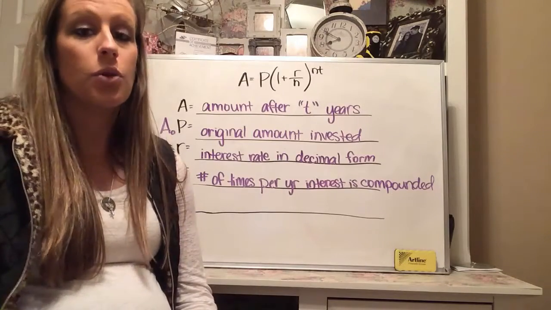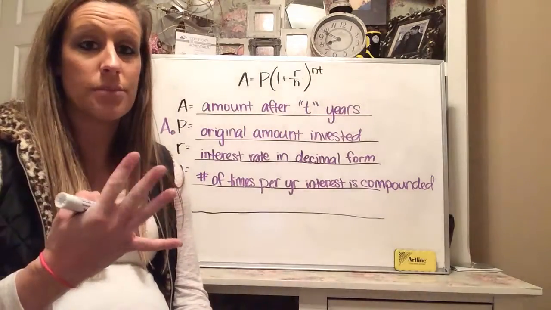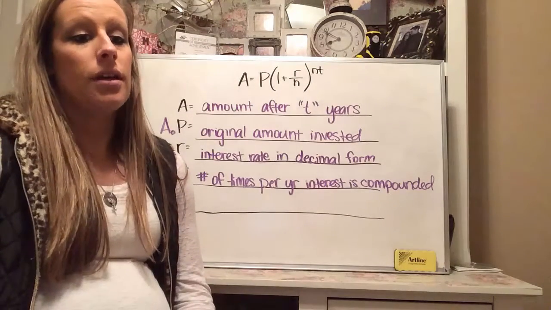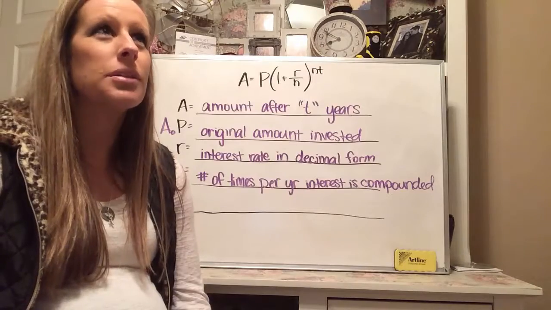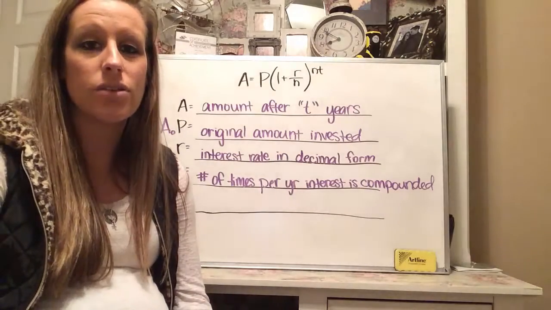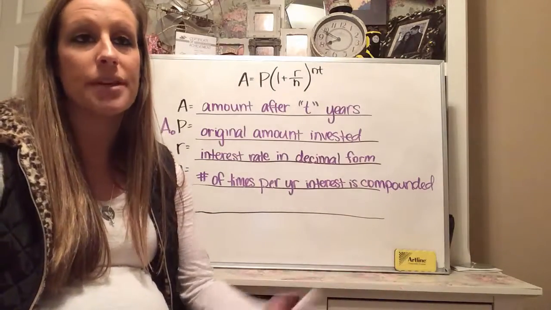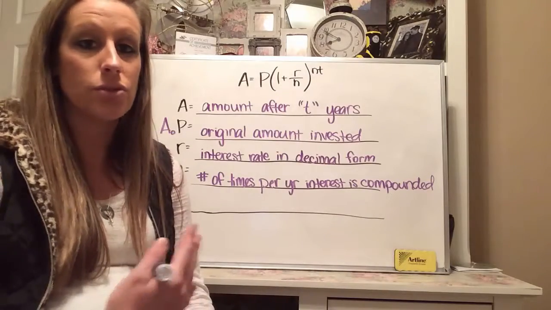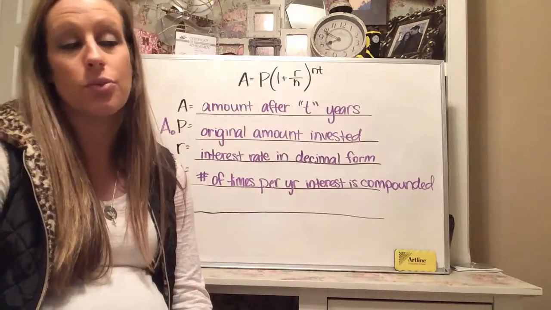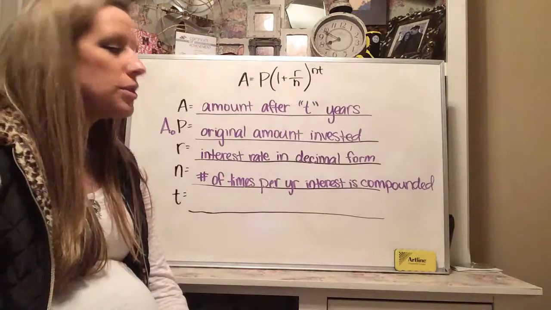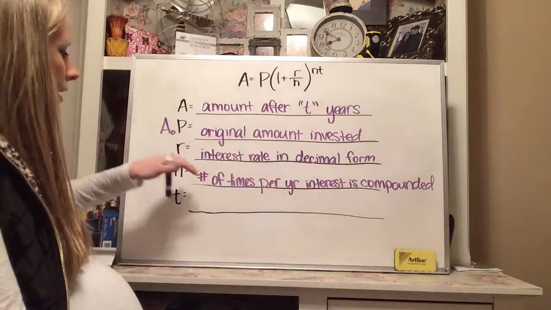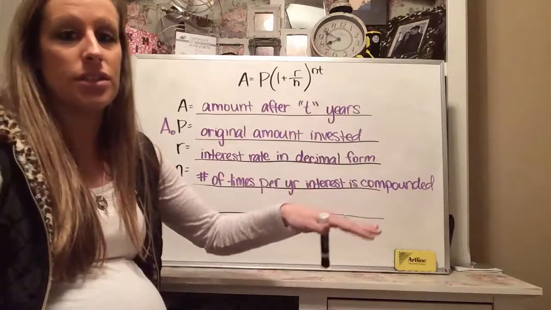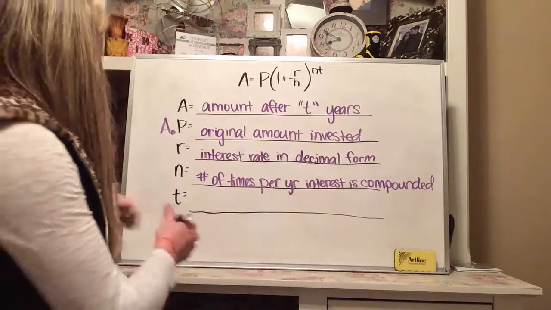Quarterly means it happens 4 times a year. I don't think you'll have a problem like this, but bi-weekly, you can figure out how many times a year that happens. Weekly, 52 times a year. There's 52 weeks in a year. So we'll talk about that more with the examples that we see. But N is the number of times the interest is compounded per year.